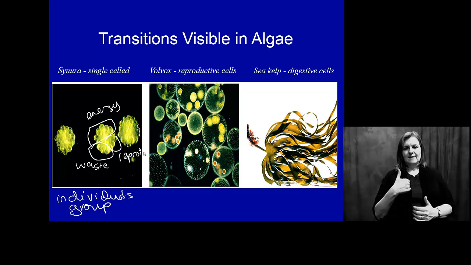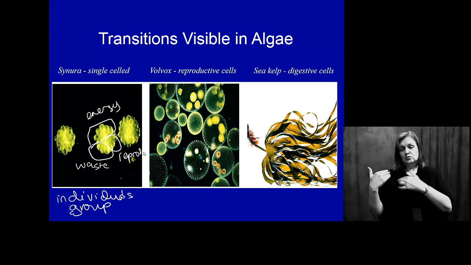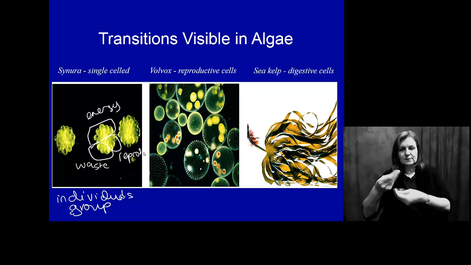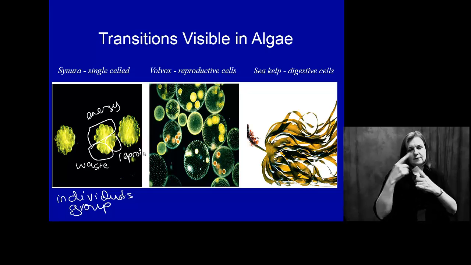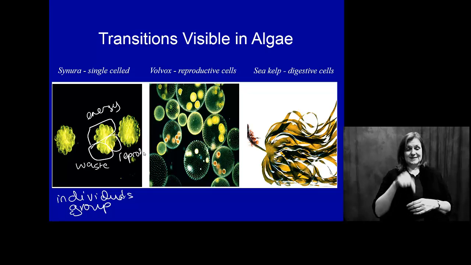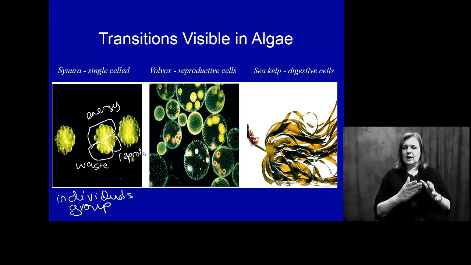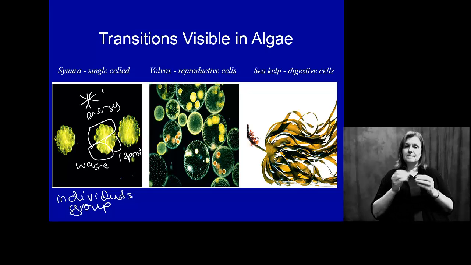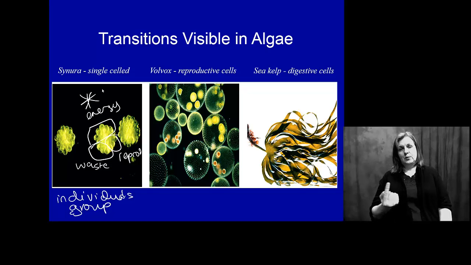You have individuals that are responsible for producing food, individuals that are responsible for collecting waste, individuals that are responsible for organization. They have done this in a very simple way, but it has led to multicellularity because these groupings are much more efficient than organisms that try to live, or individuals that try to live on their own.